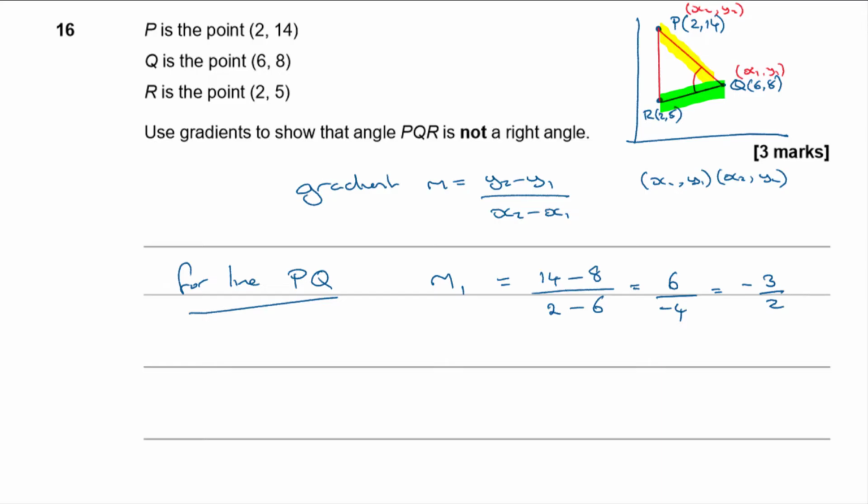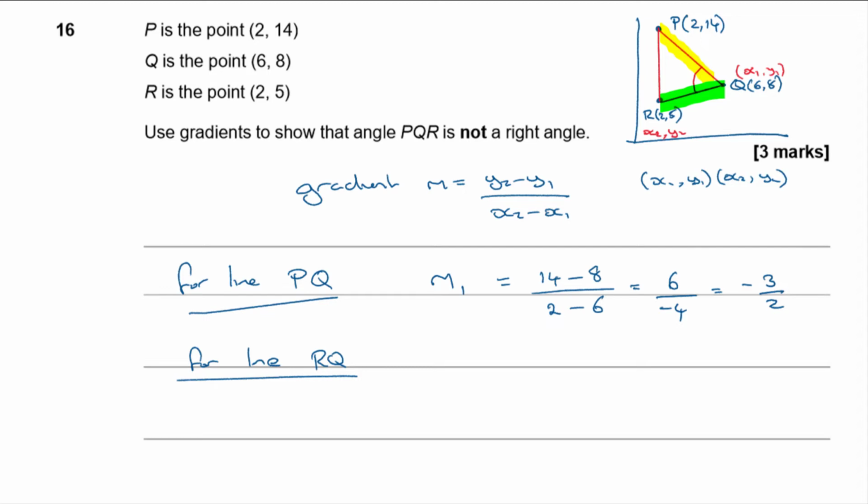Right, now we're going to do the other line, line RQ. Again, I'm going to change which point is which. I'll keep that one the same, and (x2, y2) is here.